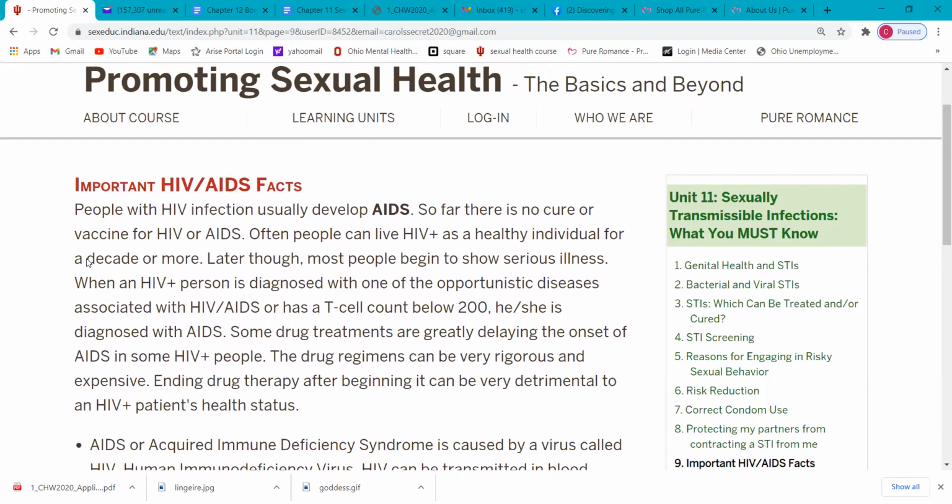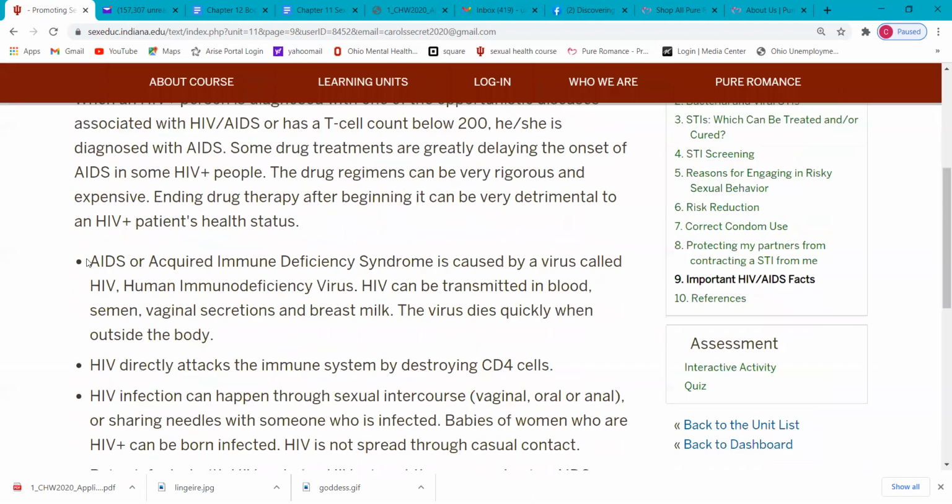Some drug treatments have greatly delayed the onset of AIDS in some HIV positive people. The drug regimens can be very rigorous and expensive. Ending drug therapy after beginning it can be very detrimental to the patient's health status.